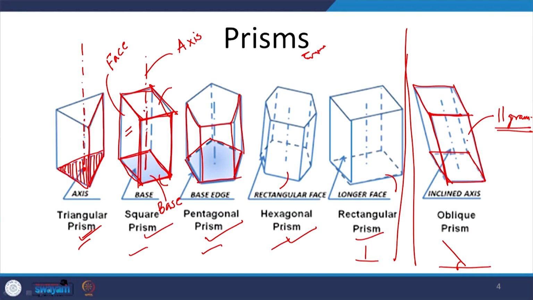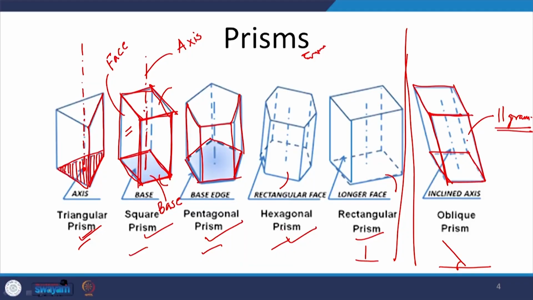So, this is what we know of as prism. It could be any type of prism depending upon the base shape. As I have shown, from triangular to square, pentagon, hexagon, and now an octagon. It could be any type of prism and it will remain to be called a prism only.